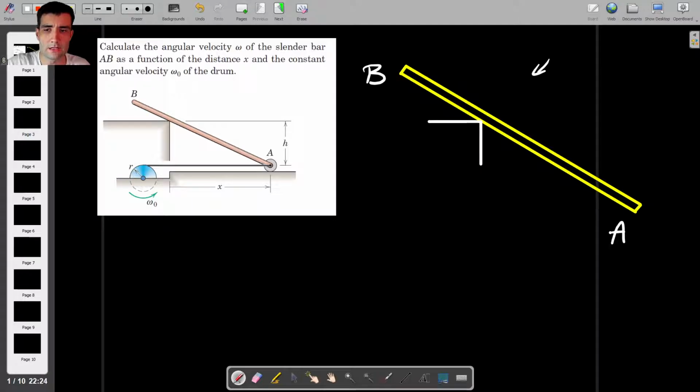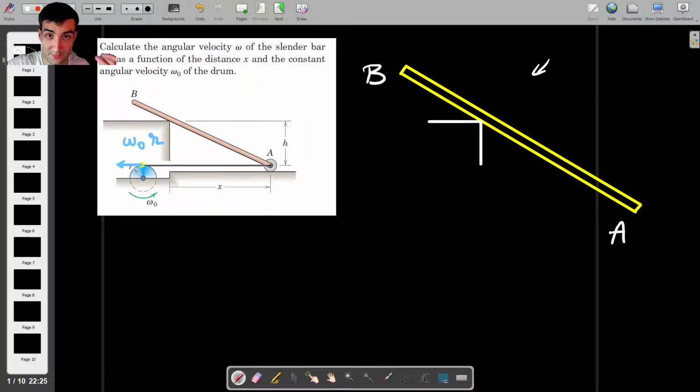So what we have is a rolling drum, and we know that the point on the top of the drum, so this point here, we know what speed and what velocity it has. Namely, the velocity is acting to the left, and the value of that is omega 0 r.